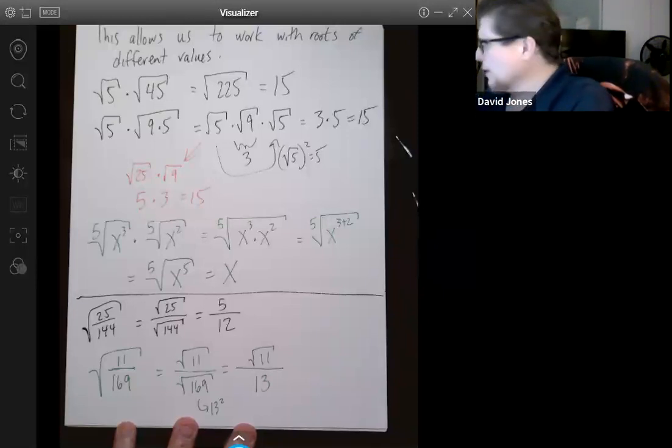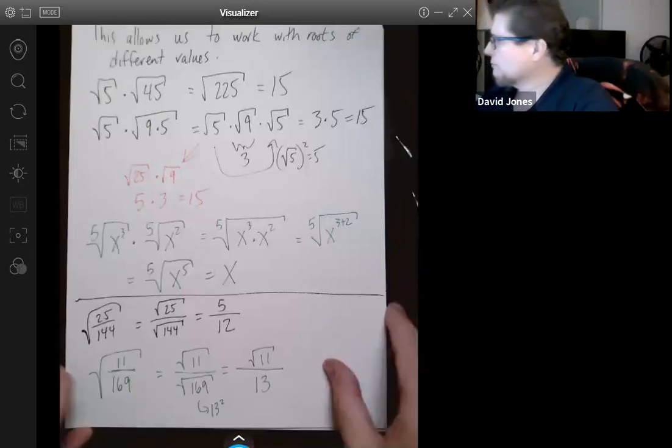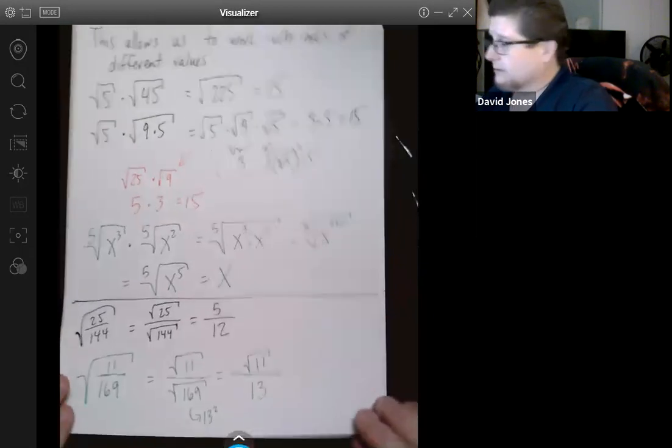So how do I know when a radical is simplified? What's the rules for that? Let's talk about the rules of when a radical is simplified.